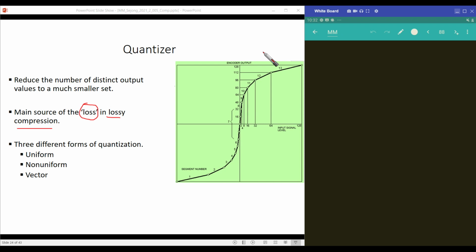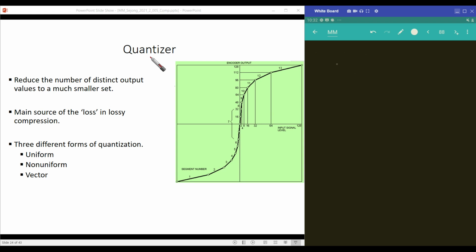But in computer systems, we convert that analog signal to a digital form, right? That's called analog to digital conversion, or ADC. In ADC, we use a process called quantizer or quantization. So let's see how this quantization happens.